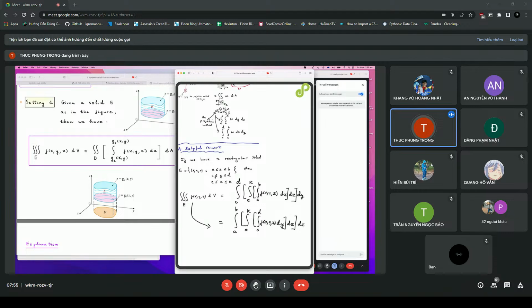Is that all right with this remark? Do you have any concern about this remark? This is quite similar to what we already saw in double integrals. All right, so the projection method.